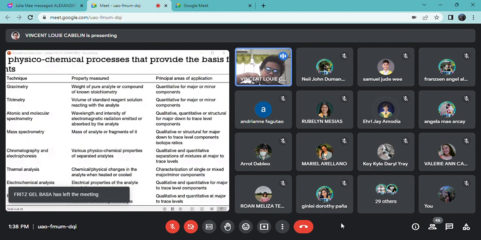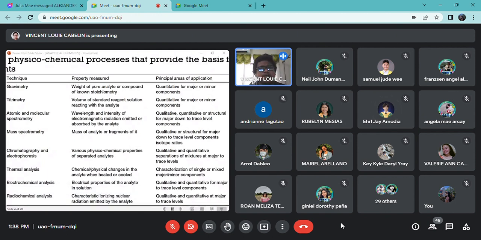Okay, so basically it's looking at the relationship, no, between reactants of a chemical reaction, no, and the products of that, and you want to know what is the quantity of the thing that you want to achieve.